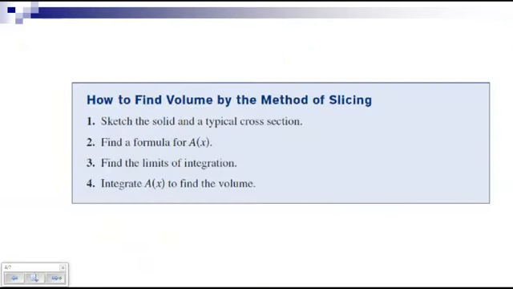Okay, here's the basic technique that we're going to use for finding the volume using slices. We're going to sketch the solid, and then sketch a typical cross-section. For some value x, we're going to look for an expression that represents the cross-sectional area at x.